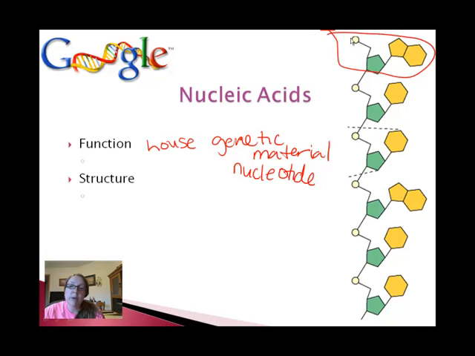It's made of three components. This little guy right here is a phosphate. Then you have a sugar, and in the yellow is something called a base. There are different types of bases, and you can put them in different orders to make different traits. The two examples of nucleic acids are DNA and RNA. Those are the four major macromolecules. Make sure you know all of their functions, their individual monomers, and some examples from each.